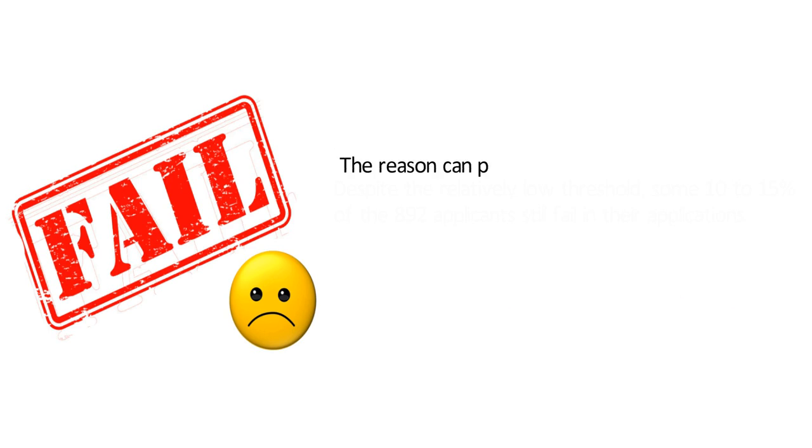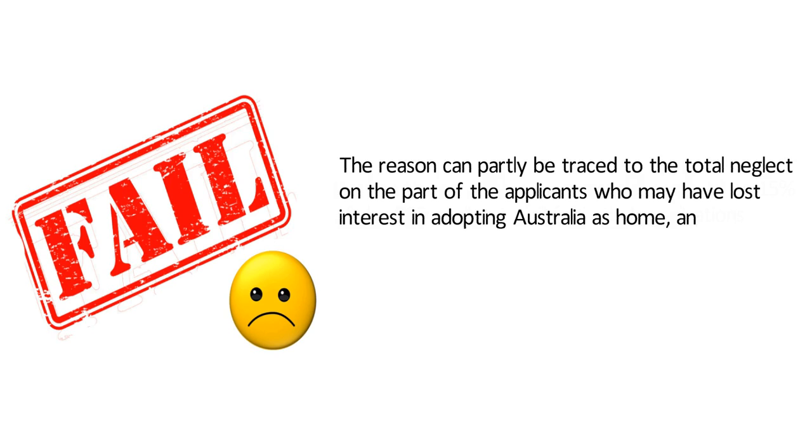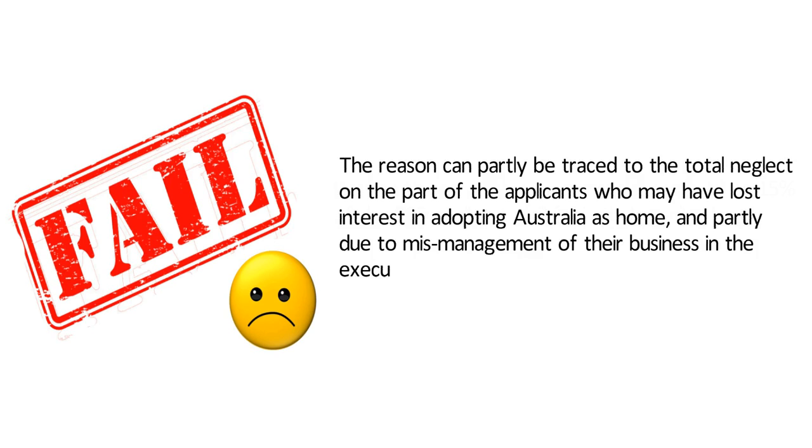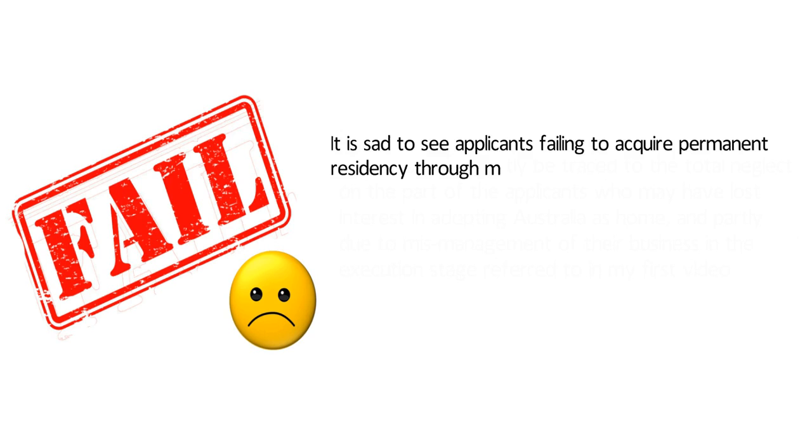The reason can partly be traced to the total neglect on the part of the applicants who may have lost interest in adopting Australia as home, and partly due to mismanagement of their business in the execution stage referred to in my first video.